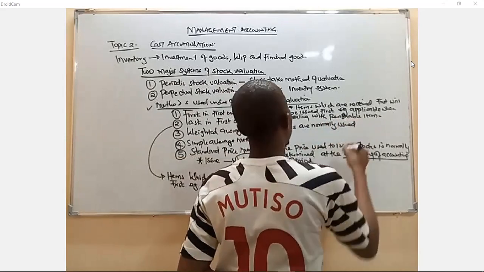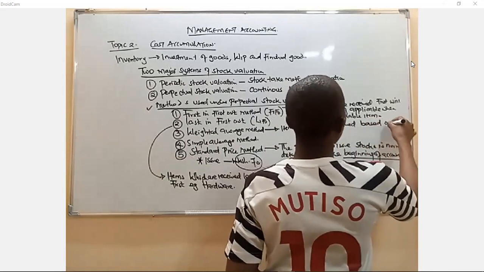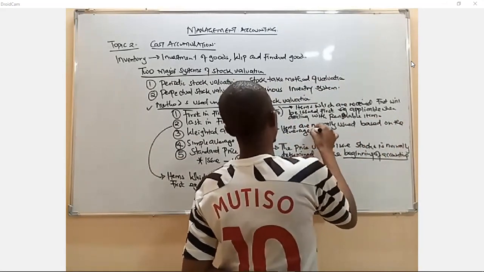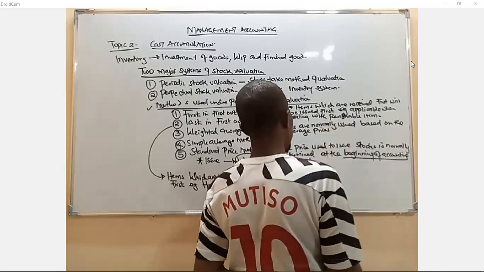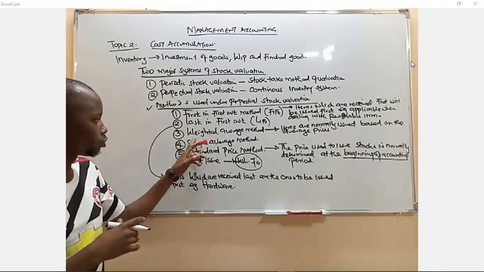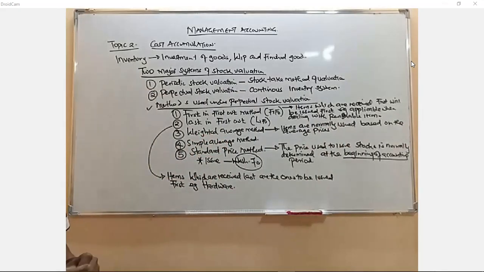The items are issued based on the average prices. That is what we are going to be doing with the weighted average method, and that is where we have said weighted average prices of the items.